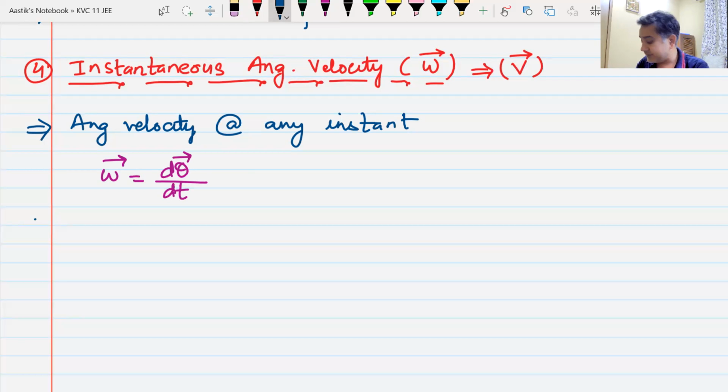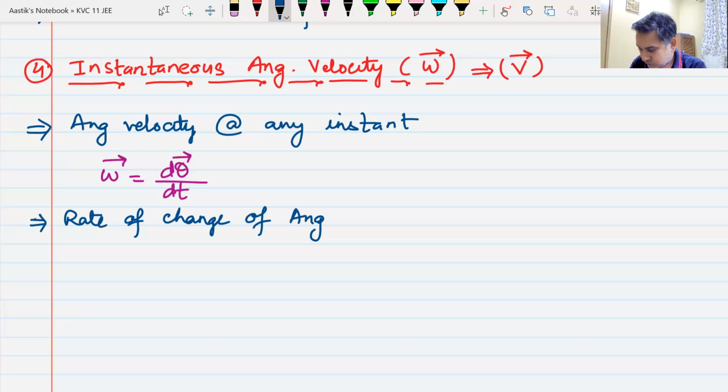So it is d theta by dt, the rate of change of angular position with time. Do we understand this?